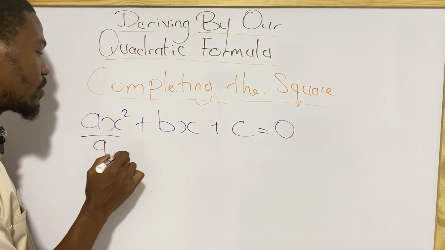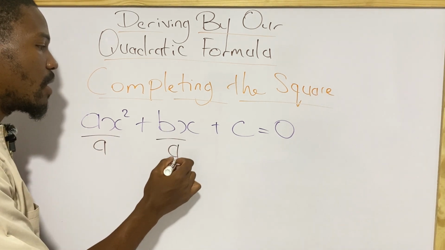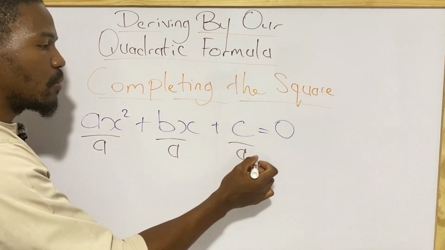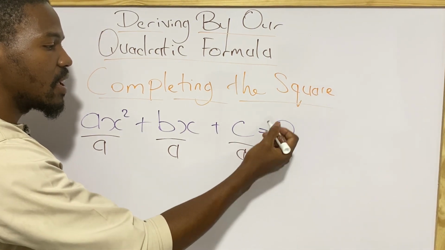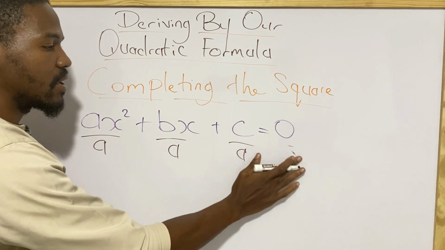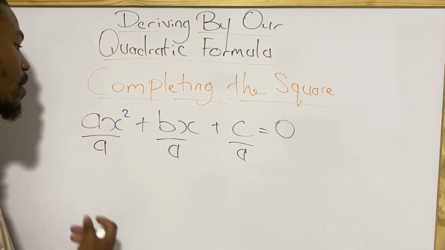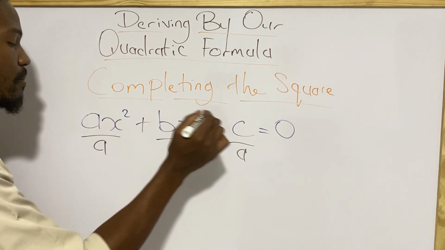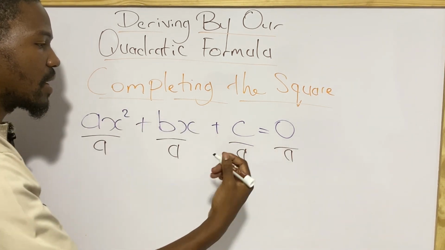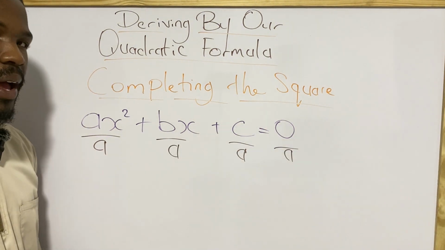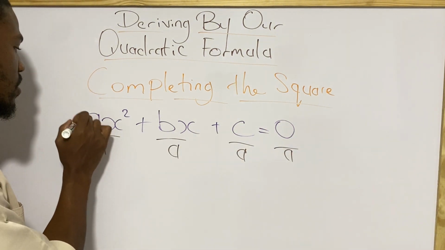So we're going to factor out our coefficient a from all our terms, and we have to do it right throughout. Because 0 divided by anything is still just 0, we don't really have to put anything there. But it's wise that you can see that we're just dividing by a, so I'm going to leave it there.